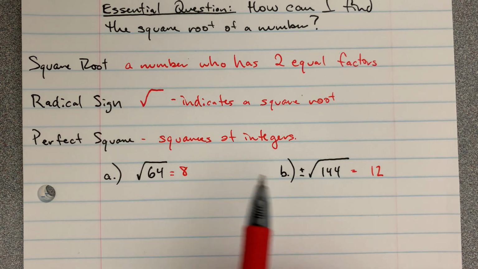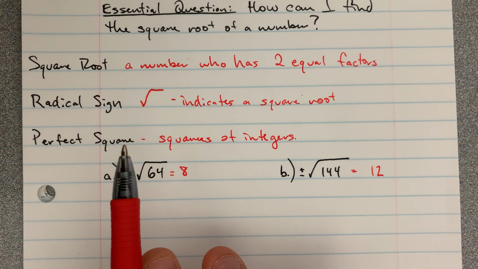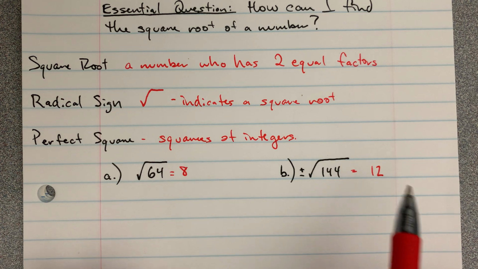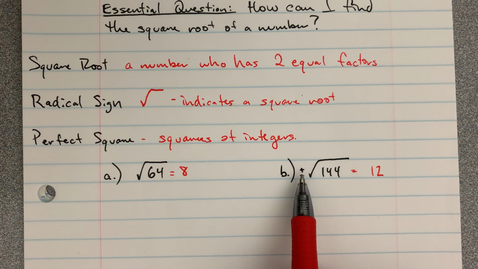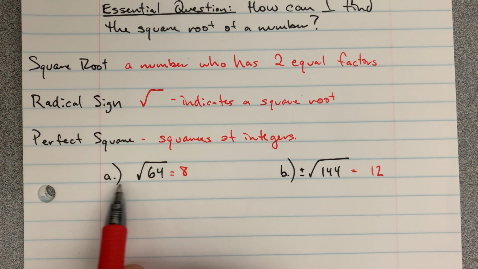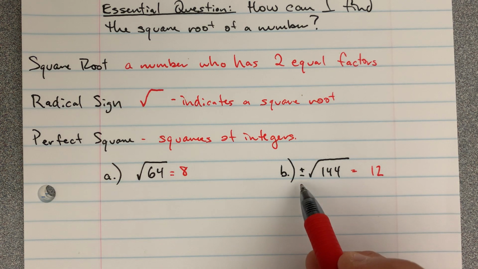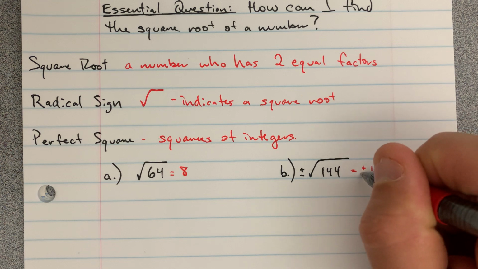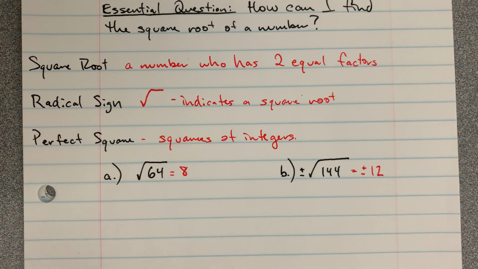But we define square root as a number who has two equal factors. 12 times 12 equals 144, but negative 12 times negative 12 equals 144. Square roots have two answers, a positive and a negative. This one has nothing in front, so we're only worried about the positive answer. This has both of them in front, so we want both of them written.